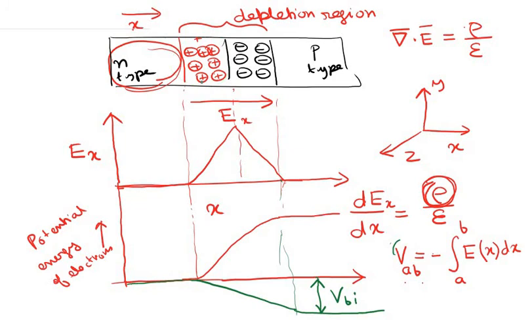Increasing charge means the electric field increases, so the magnitude of the potential difference also increases. So the magnitude of VBi increases with increasing Na and Nd.